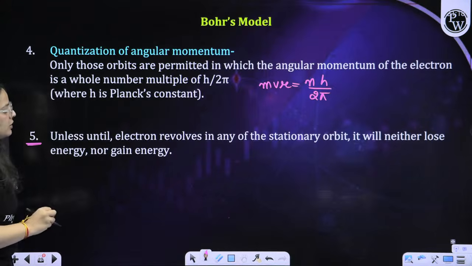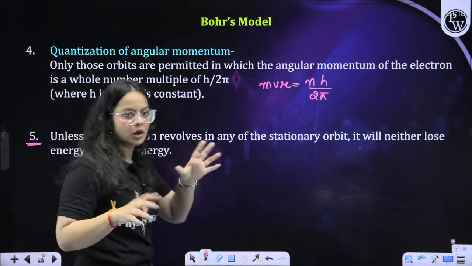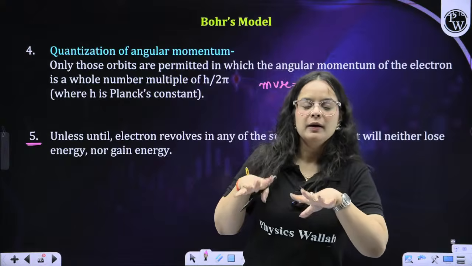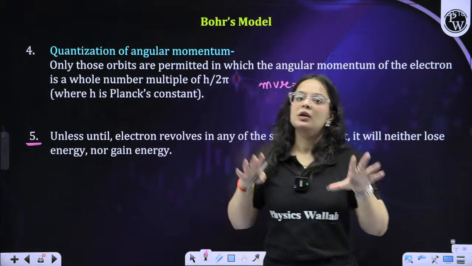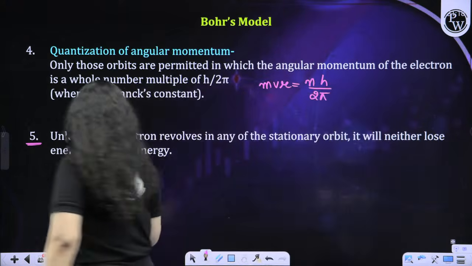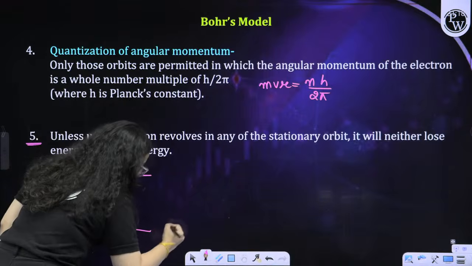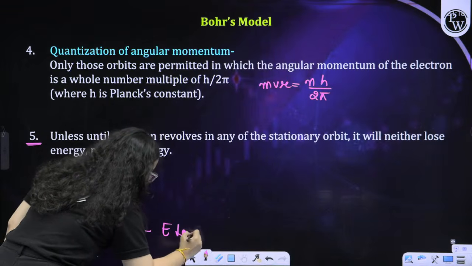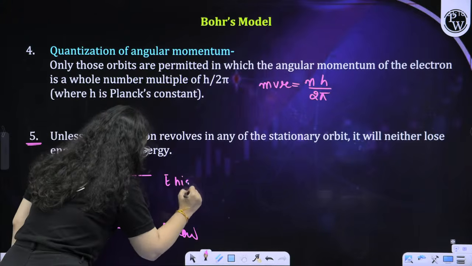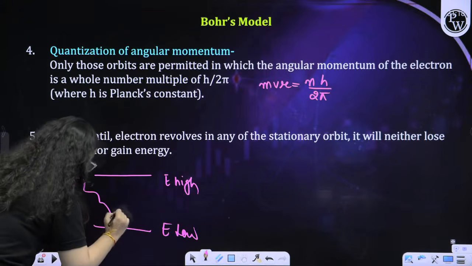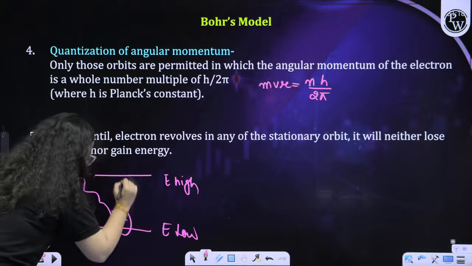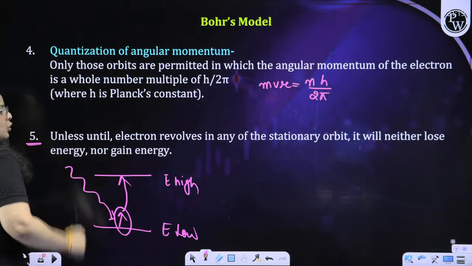Moving on to the next, if the electron is not moving from one orbit to another, it will not lose energy, it will not gain energy. But yes, if it changes its orbit or path from energy low to energy high, if it absorbs energy, it will excite itself, it will jump from low to high, right?